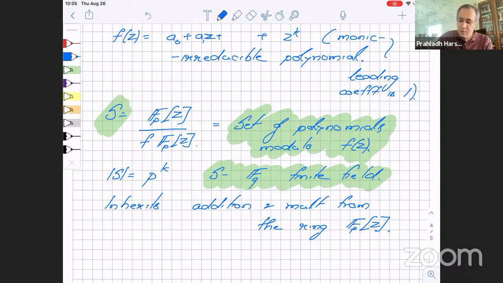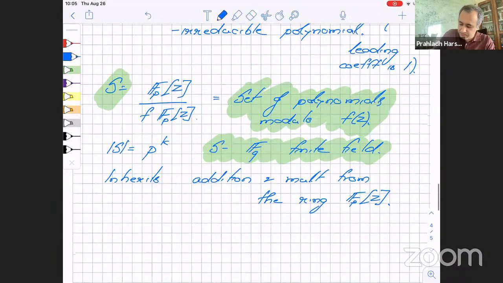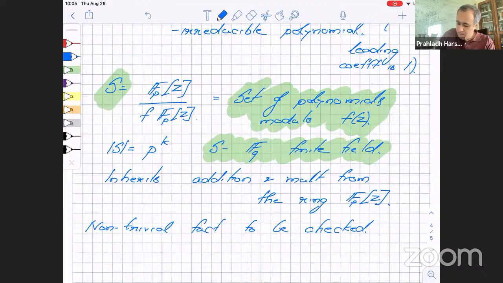Multiplication, once again, is the only non-trivial fact to be checked. More precisely, exactly the same problem we had before.